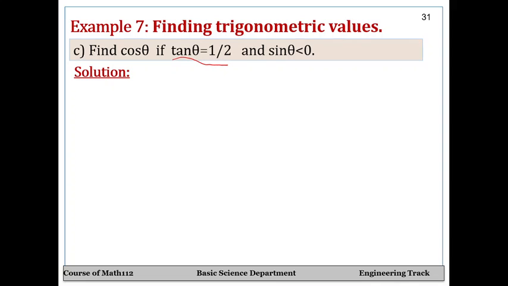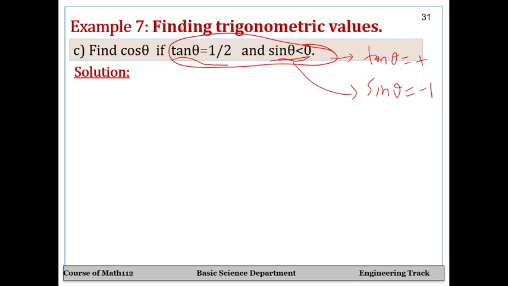Tangent theta is this, and sine theta is less than 0. So these two are telling us the quadrant here. So tangent theta is positive here, right? 1 over 2. Sine theta is negative. So which quadrant is it?